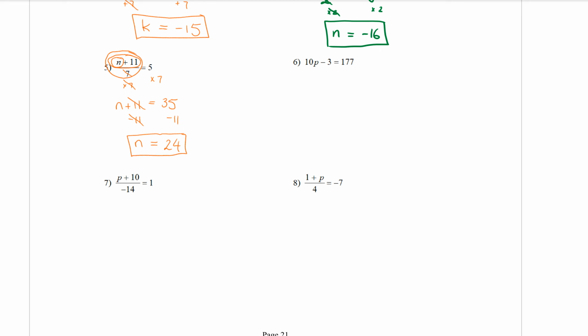All right, I'll get you started on 6. P is the heart. Times by 10 is the next layer, and minus 3 is the outside layer.